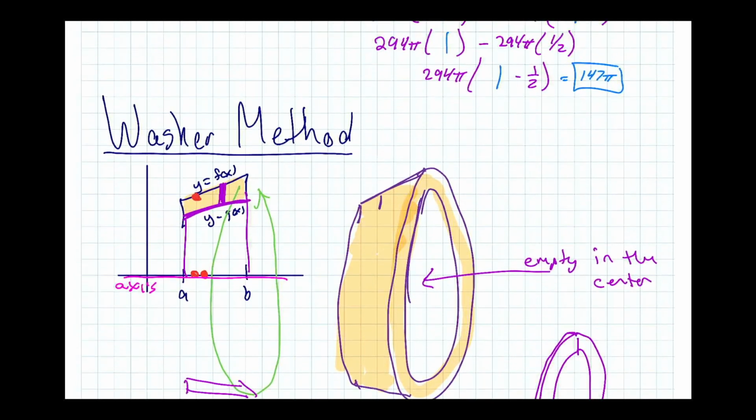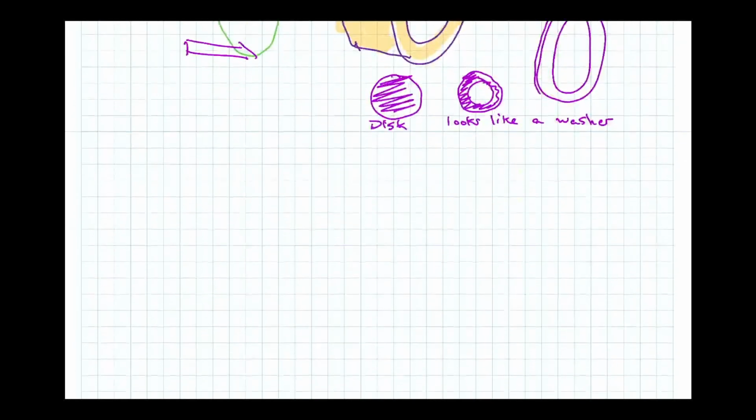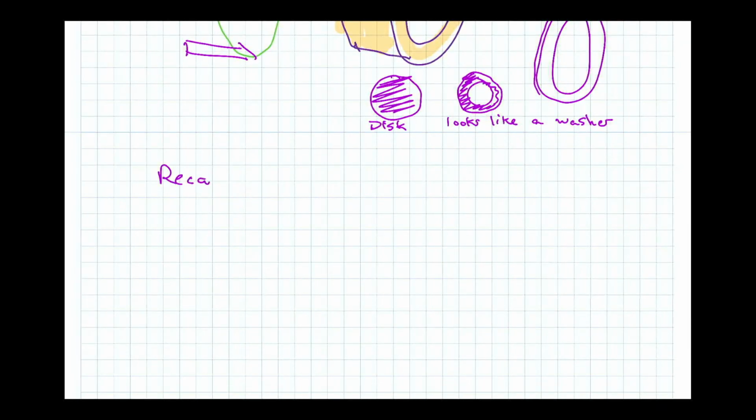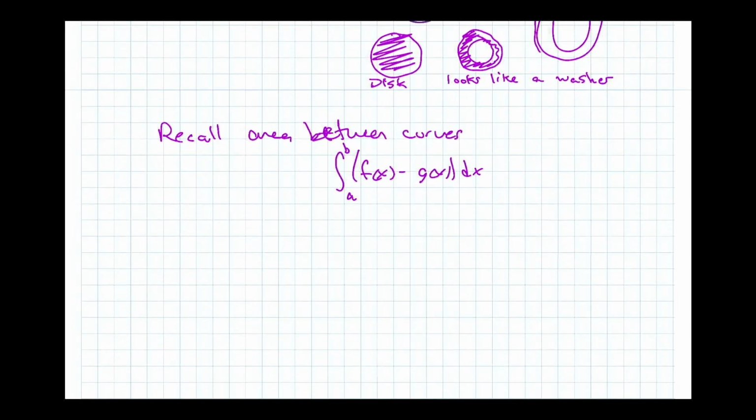So you should recall that area between curves was given by an integral of f of x minus g of x, where f of x is the top curve and g of x is the bottom curve, right?